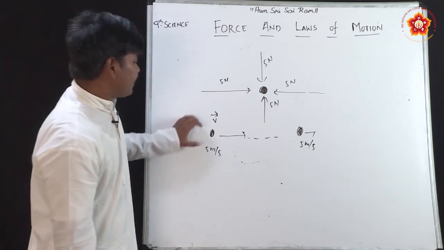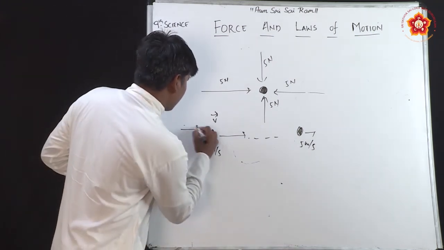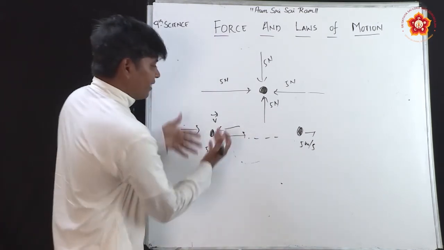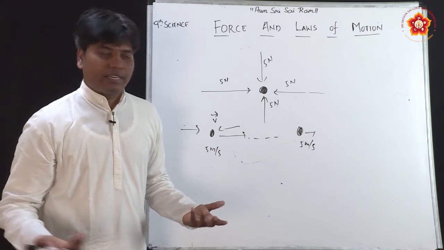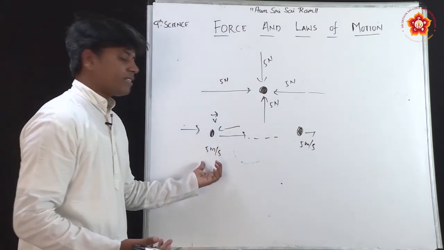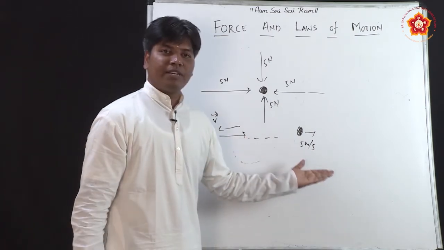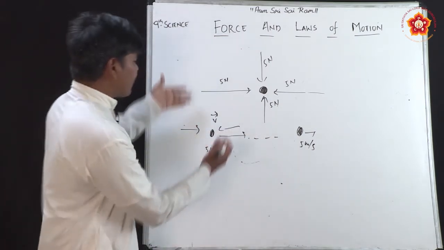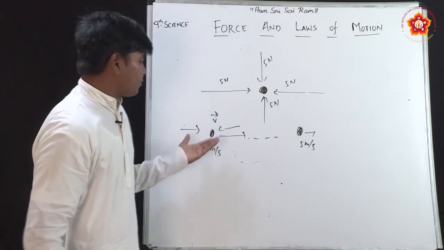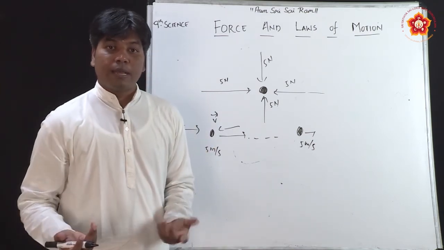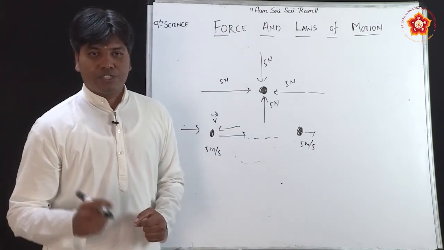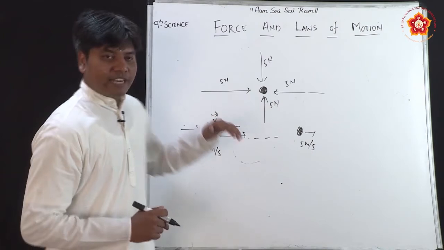Understood? If every force on it is acting to nullify the others, then the object has nothing to do with it. It will continue its own motion. It started with 5 meters per second and it will continue at 5 meters per second. All the other forces acting on it are nullified, cancelling each other out. So this body will not bother about those forces, but the forces acting on this body are balanced. Understood?